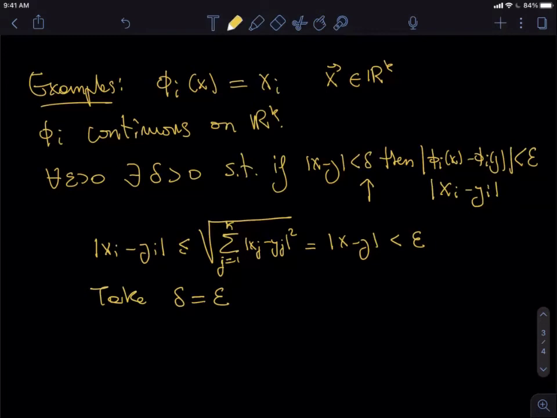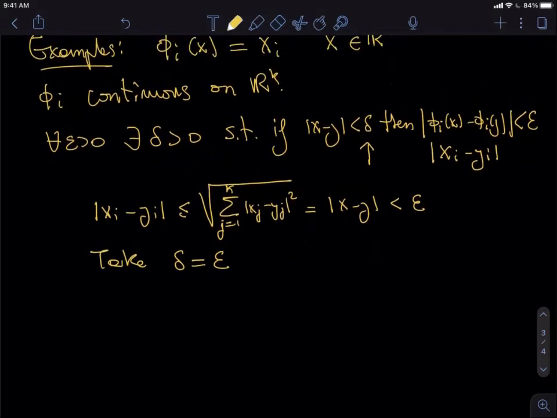But this function is clearly continuous. If this is not continuous, then we are done. These are sometimes called the coordinate functions of a point.